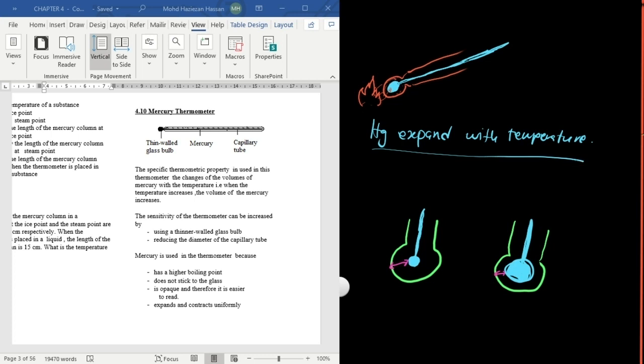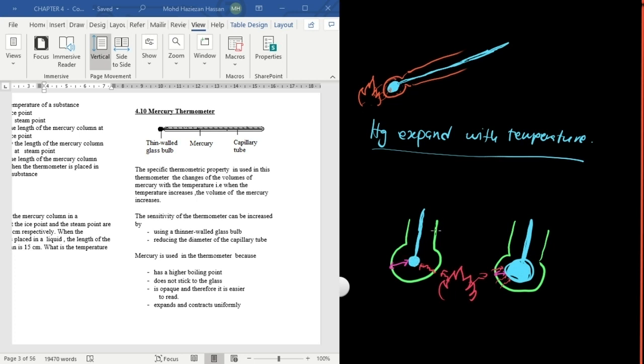So what is the difference? When we put both thermometers at the same source of heat, heat will be transferred to the thermometer. But since this wall is thinner compared to this one, heat can travel faster towards the mercury. There should be more resistance for the heat to reach the mercury in the thick one.